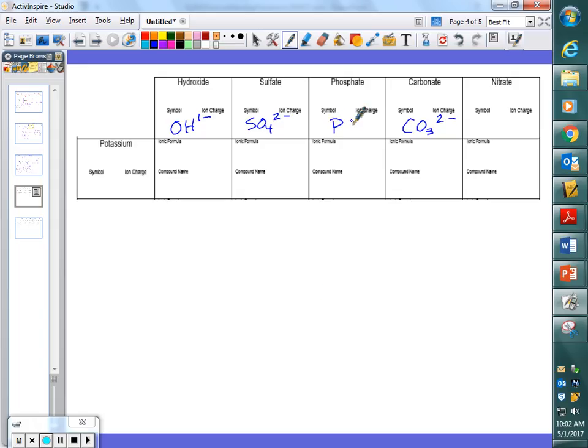Phosphate is PO4, 1 phosphorus, 4 oxygens, but it has a 3 minus charge. Right? Easy, everybody.